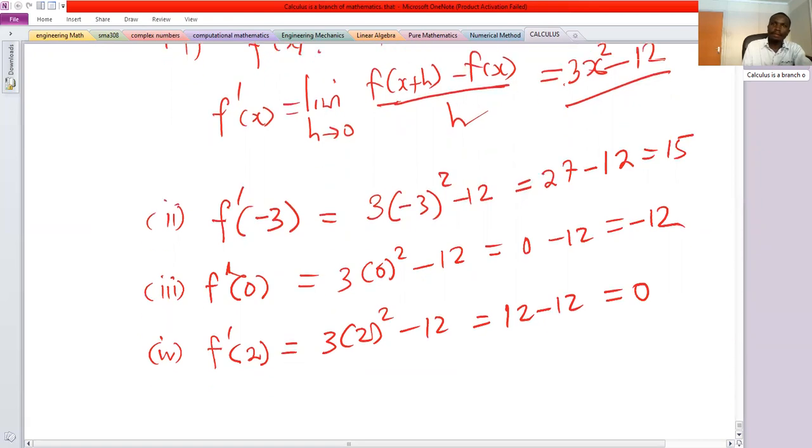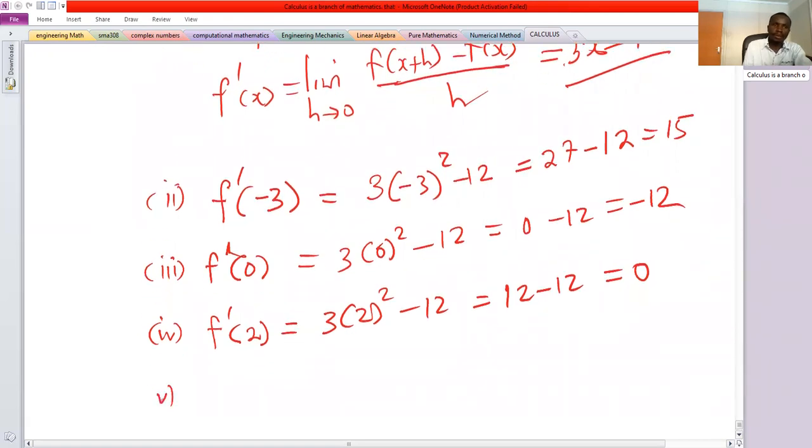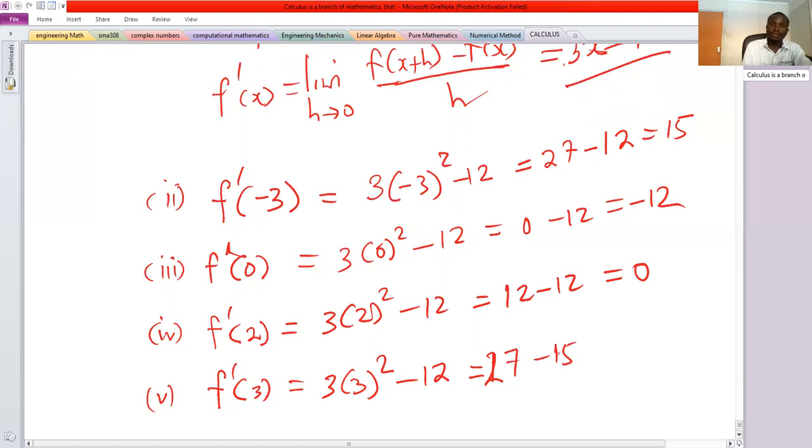And lastly, part 5, f prime at 3. So we'll have 3 into 3 squared minus 12. And then this will give us 3 squared is 9 times 3, 27 minus 12. That gives us 15.